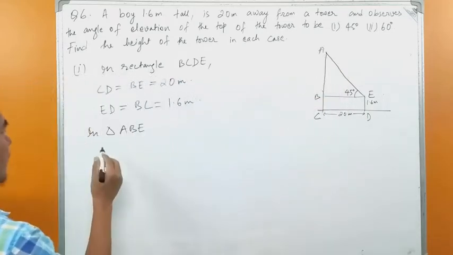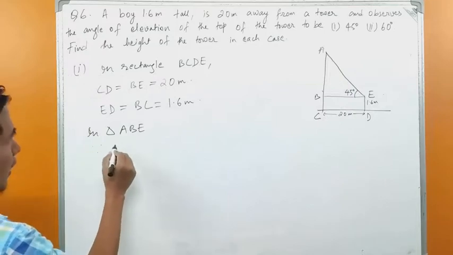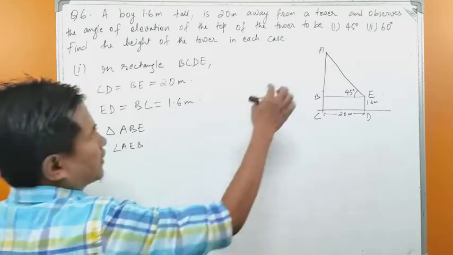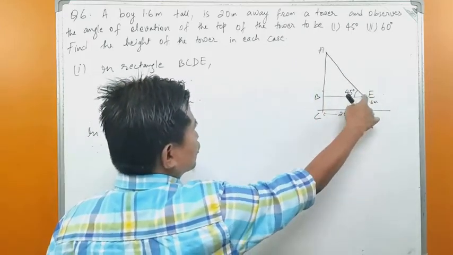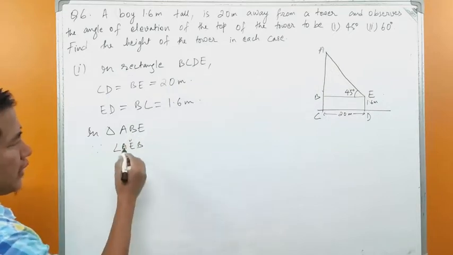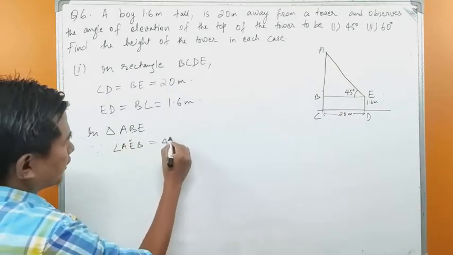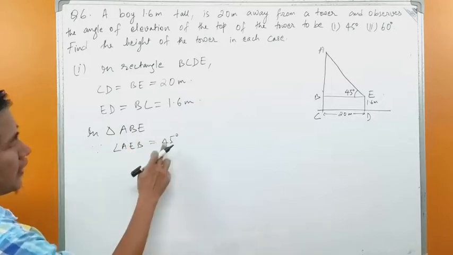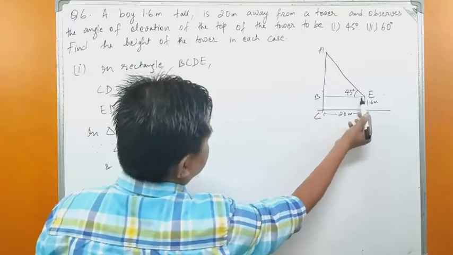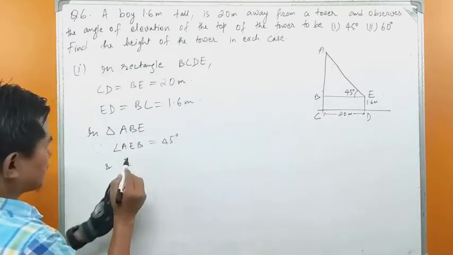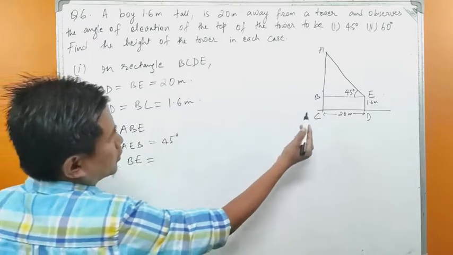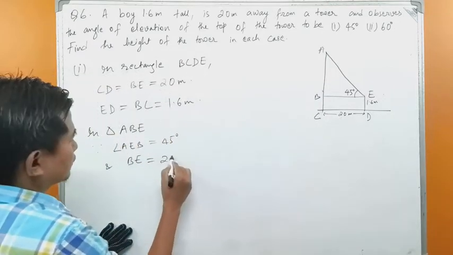Since angle AEB, E should be in the middle, angle E is 45 degree, and BE is known to us. BE equals 20 meter.